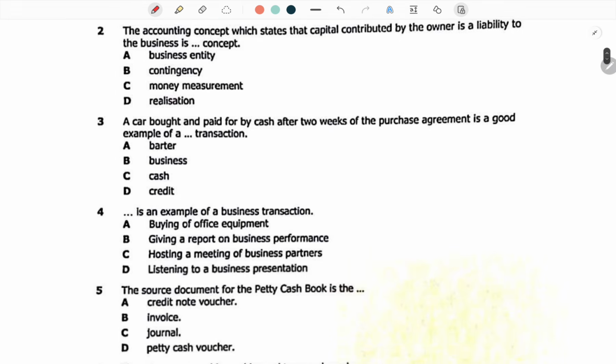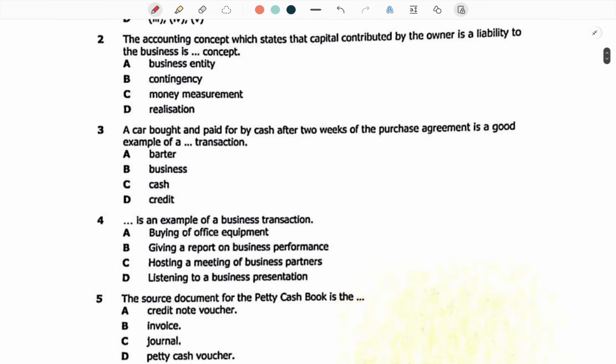We go to the second question, which says the accounting concept which states that capital contributed by the owner is a liability to the business is dash concept. This one is known as the contingent concept.